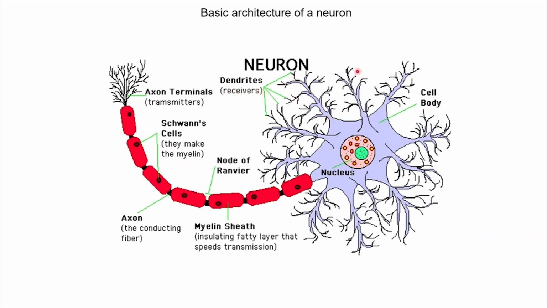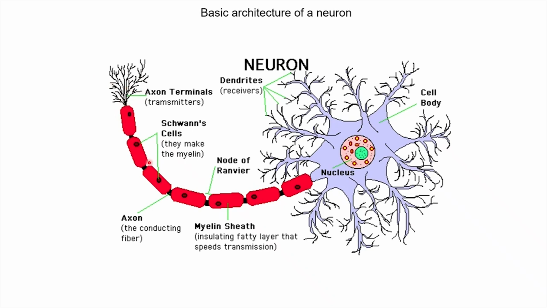These dendritic branches receive signal from other neurons, and then they carry this signal to the cell body, and then from the cell body the signal goes out through a long branch called the axon. So the one shown in red here is the axon. This conducts the signal out of the neuron to follower neurons, and at the end of the axon you can see there are small branches that can be called the axon terminals, from where the signal is released out.